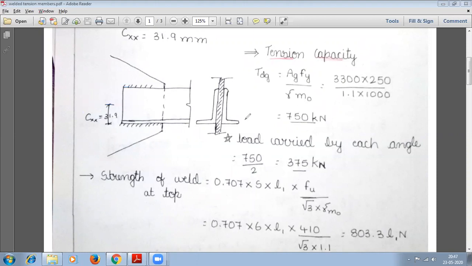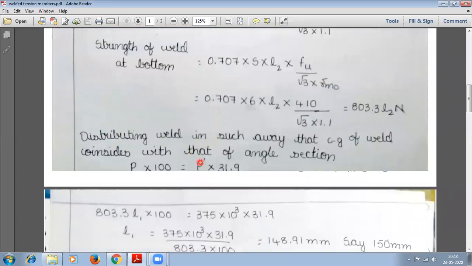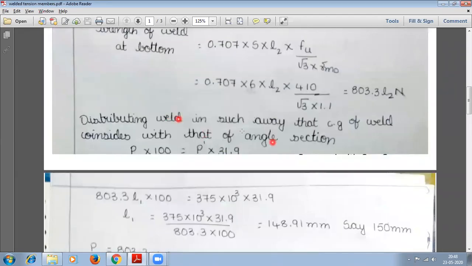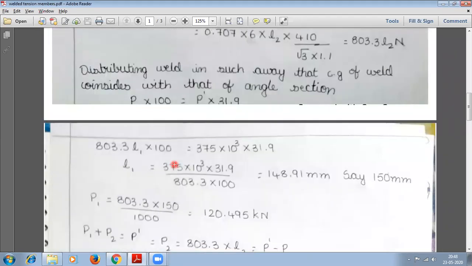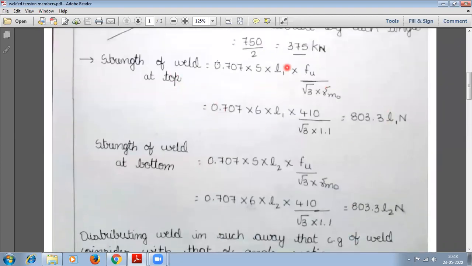Okay, so next what we will do is, we'll find out by equating on both the sides. That means we are taking the section on the bottom, and P1 into 100, P dash into 31.9 as the XX value, that you will get here. Fine. Next, what is P1? P1 is nothing but the strength of the weld at the L1 length.